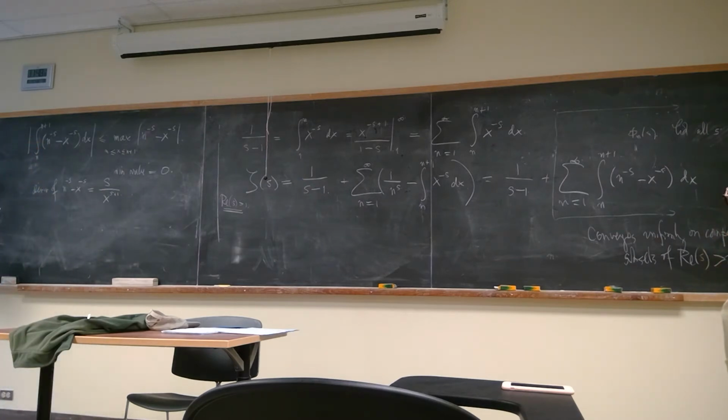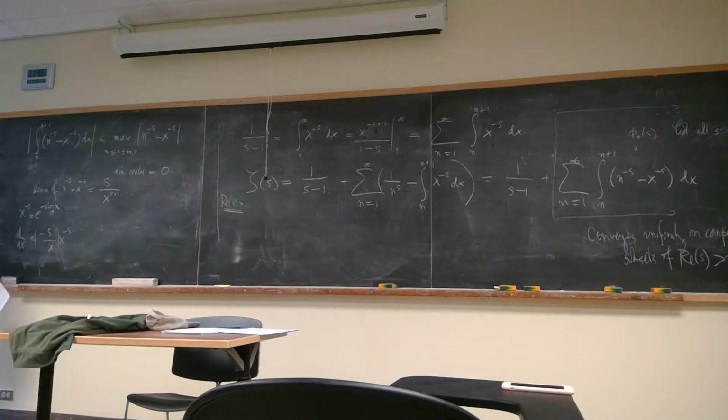You guys got to check that. Remember that x to the minus s is e to the minus s log x, and when you differentiate with respect to x, you get minus s over x times x to the minus s. That's e to the minus s log x, times the derivative of minus s log x, where s is a constant and the derivative of log x is 1 over x.